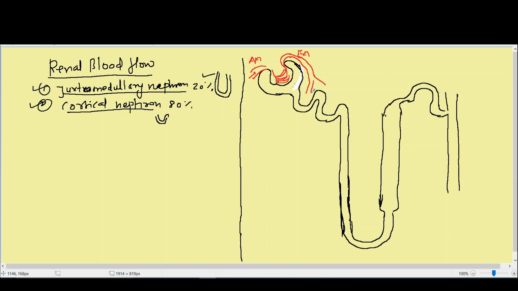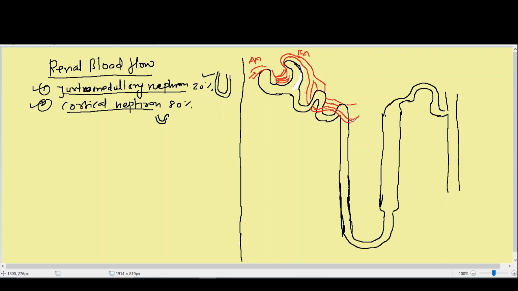One moves in the downward direction, crossing the PCT, and the one from the upward direction also moves somehow like this, and these two later join.